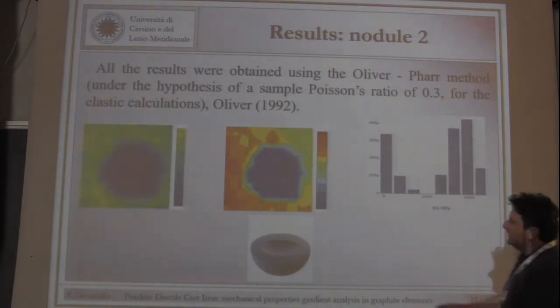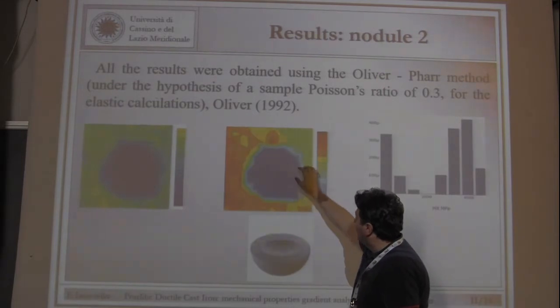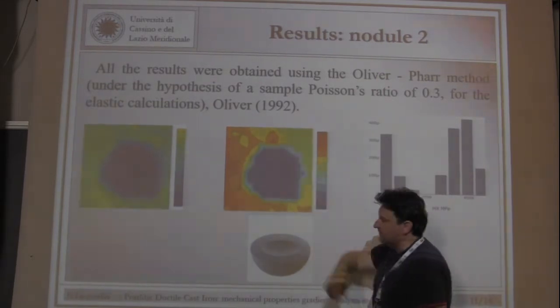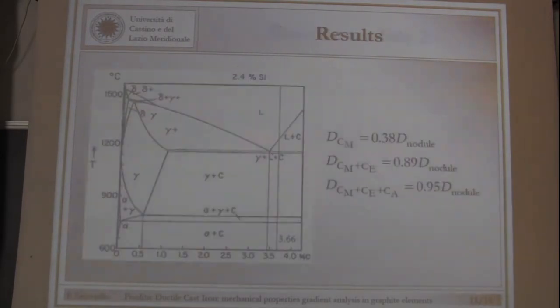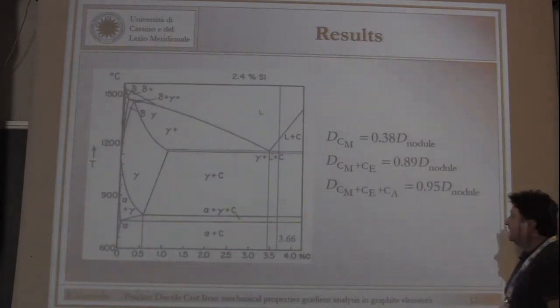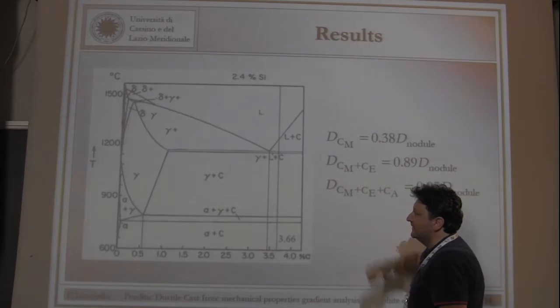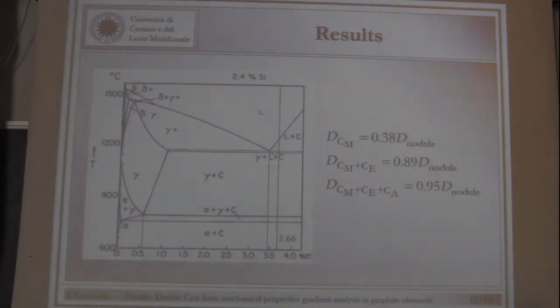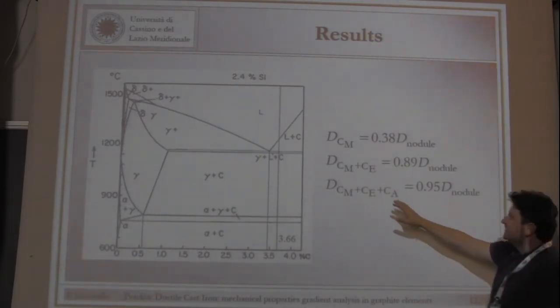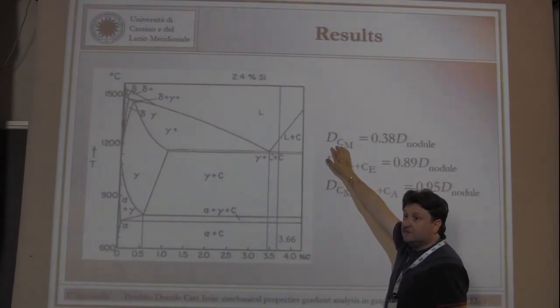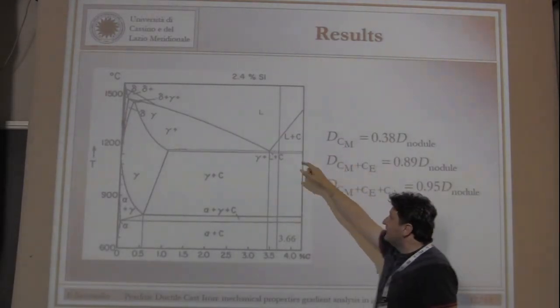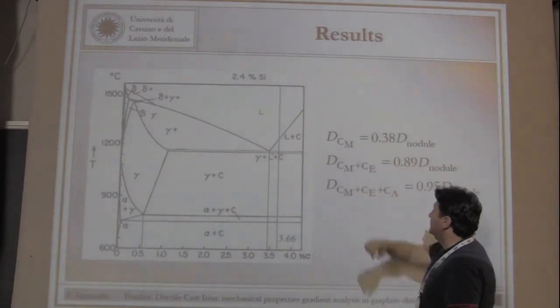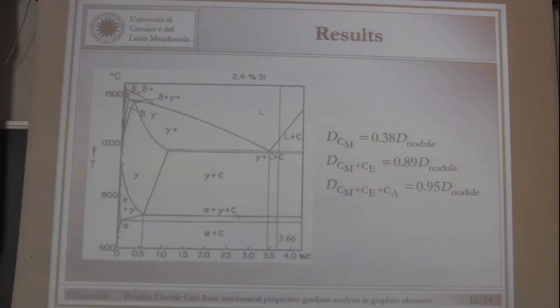In this way we can see the diameter of the core and the diameter of the outer zone. Considering the equilibrium diagram of this ductile cast iron, we put here some considerations about the solidification of the alloy, and we can see the diameter of the core of the nodules, which forms in the melt condition, liquid condition, is about 38% of the entire diameter of the nodules.